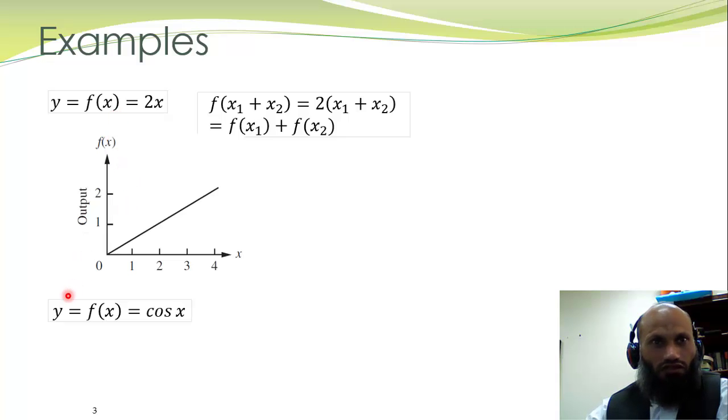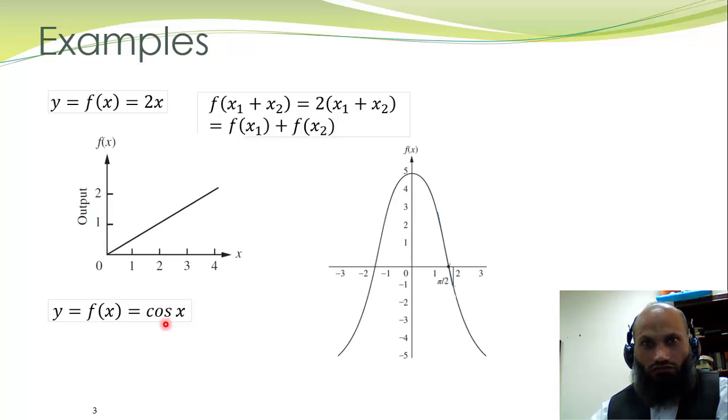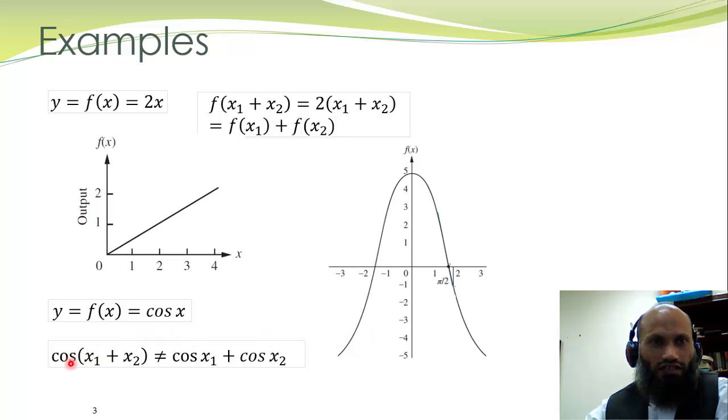Next, take the example of this cosine function, which is graphically depicted by this figure, and let's check the applicability of the superposition theorem for this function. We know that cosine of x1 plus x2 is not equal to cosine of x1 plus cosine of x2.